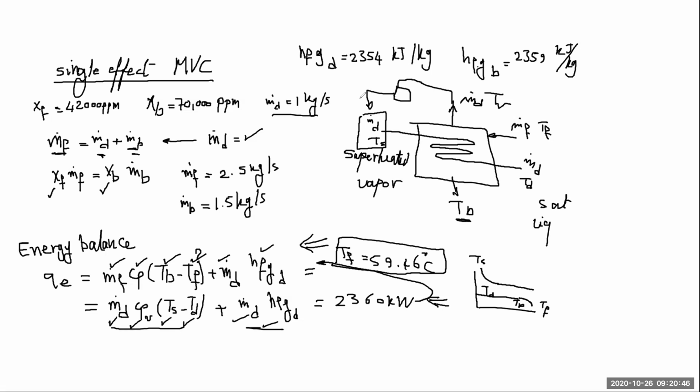Is T vapor the same as T distillate? Yes, it is the same as T distillate. As a matter of fact, if you need to be very accurate, T distillate should be a little bit less than T vapor, because here you have a mist eliminator.